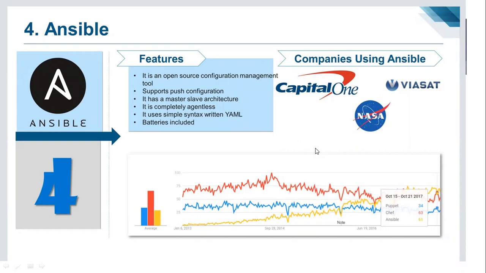Also, Puppet and Chef are written in Ruby, but Ansible was developed in Python. The language used is YAML here. The advantage of developing in Python is, first, that it is platform independent.